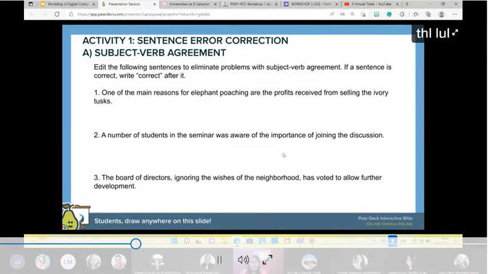So there you have it. One of these 3 sentences is correct, doesn't have to be fixed. And 2 of them have a problem with subject-verb agreement. So identify which sentences are correct and fix the 2 that have the issues with the subject-verb agreement.